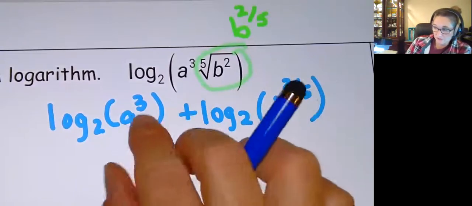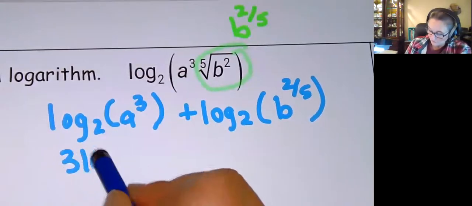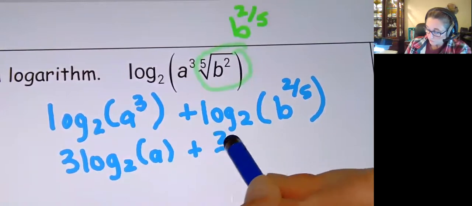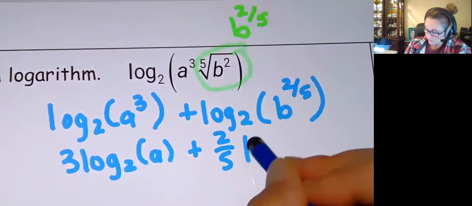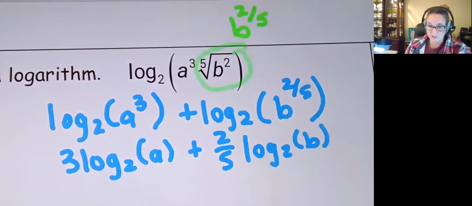Now, when you have a log of something to a power, the power moves in front. So this is going to be 3 log base 2 of a plus 2/5, again, the exponent moves in front, log base 2 of b, and that's your answer. That's expanded.